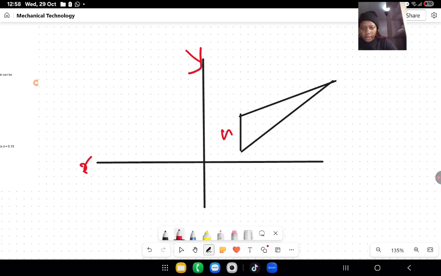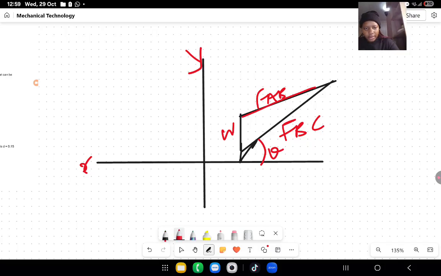This is our weight, this is our FAB, then this is our FBC. This is our angle theta.